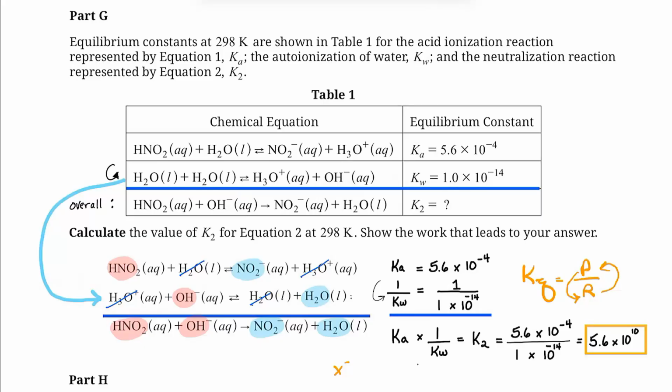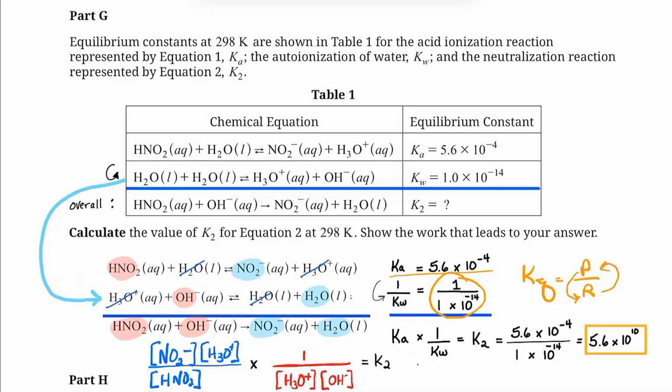All right, so I've manipulated my two equations to get the overall. I've kept the Ka for the first one as is. I did the inverse of the second, and I know that when I'm going to solve for the overall K2, I have to multiply. If you take a look down below here, I have the Ka for the first reaction, and then I have the inverse of the Kw, the second reaction.